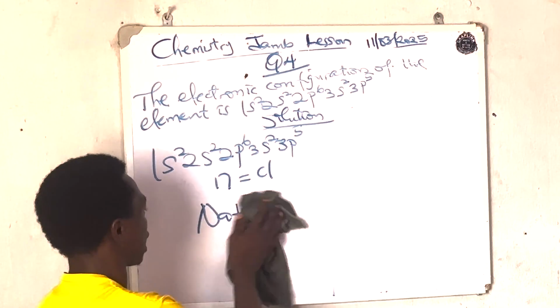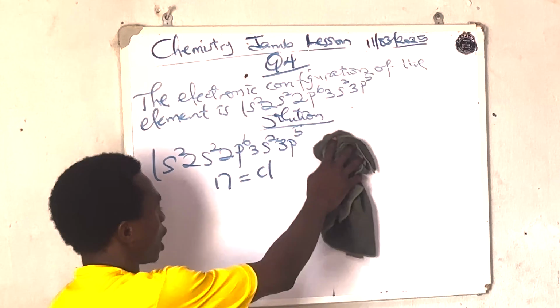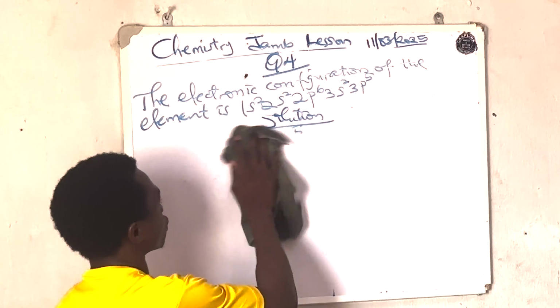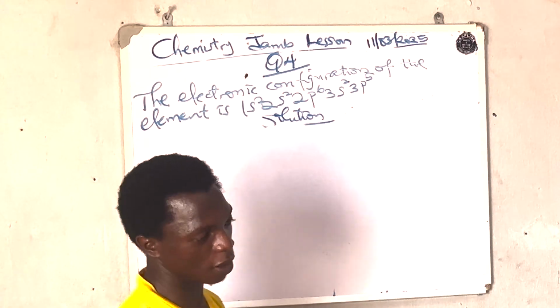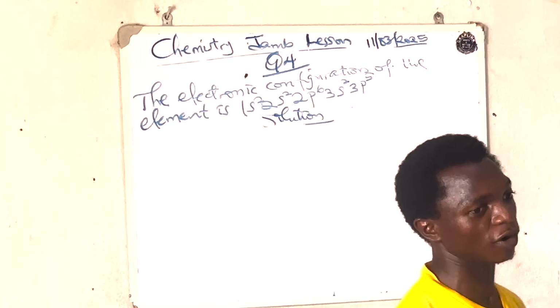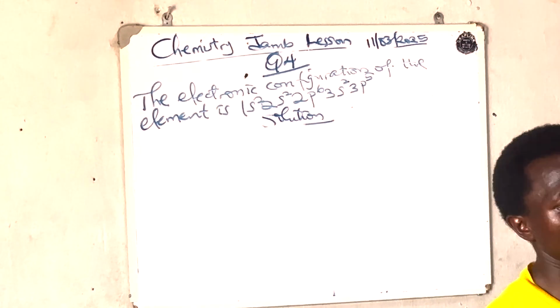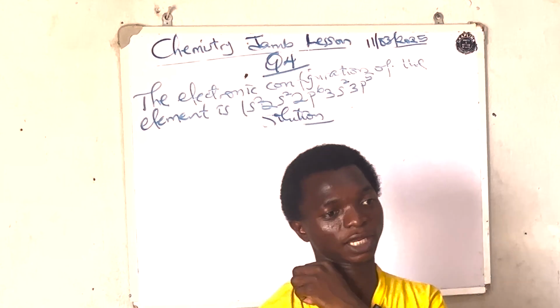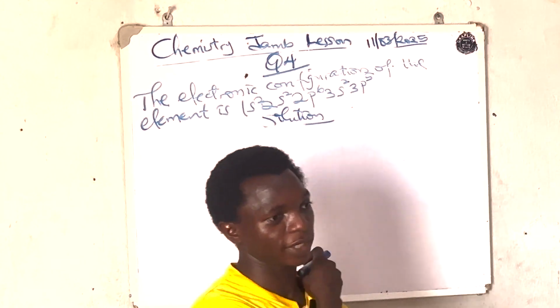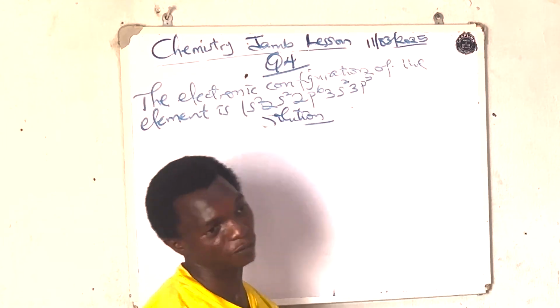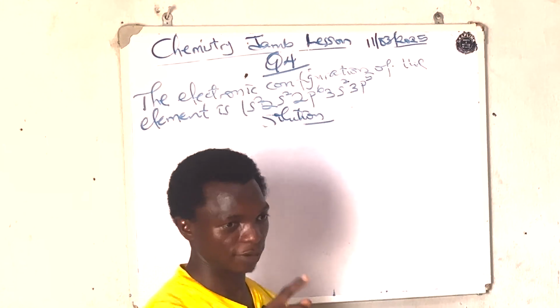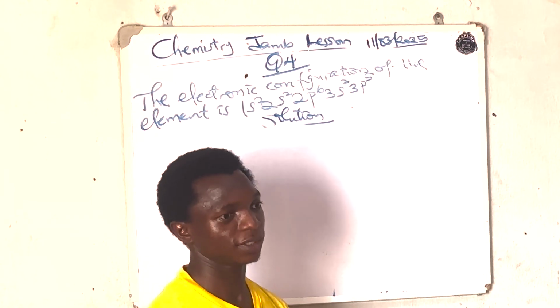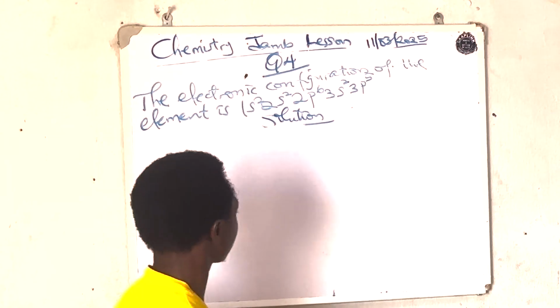Now, before we take our last question, I want to share something very brief about what the Aufbau principle says as regards the electronic configuration of any element. How do you get the electronic configuration of an element given to us? Remember, it's very simple. Just use this method.